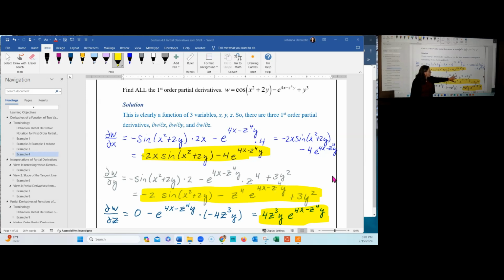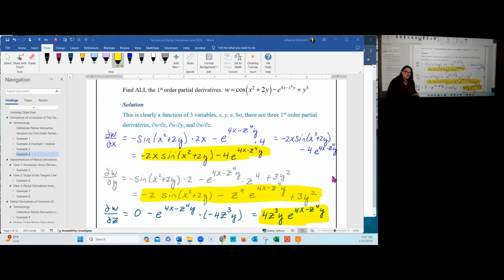When I take the derivative with respect to y of the second term, I get the exponential again, no change, times the derivative of the power with respect to y. The 4x doesn't depend on y, and the second part of it does, so I get a minus z to the fourth. The last term does depend on y, so I get a 3y squared.